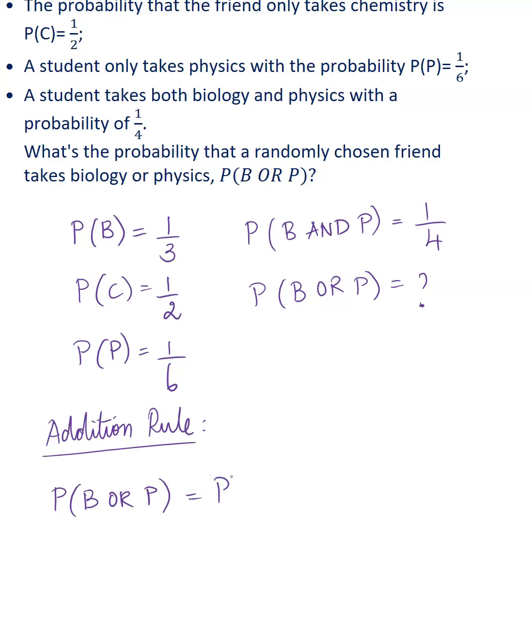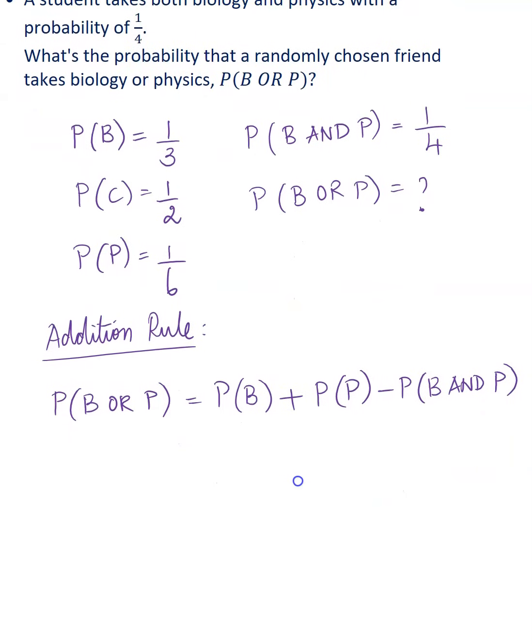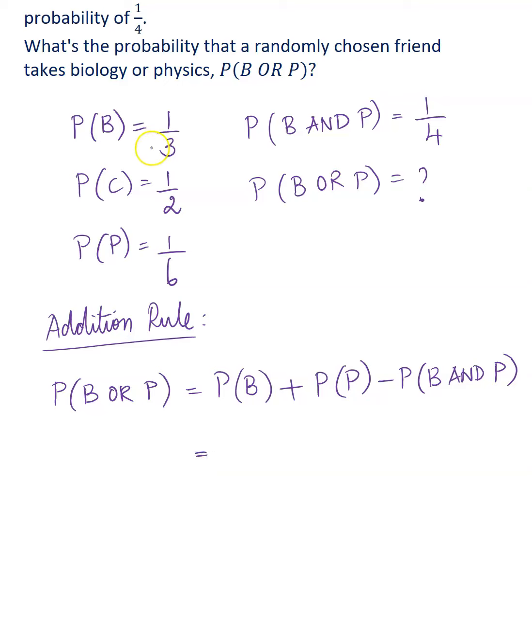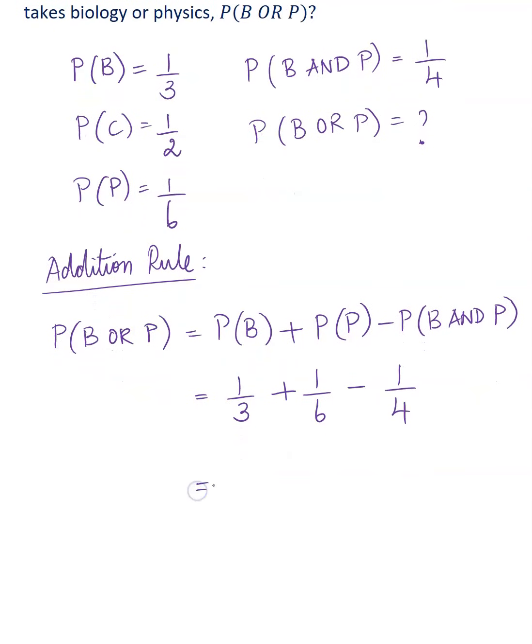As per the addition rule, it is probability of the first one, probability of B, plus the probability of the second one, physics, minus probability of biology and physics. So let's go ahead and choose the 1 over 3 for the first one. Physics would be 1 over 6. Biology and physics is 1 over 4. So make sure that you compute that.